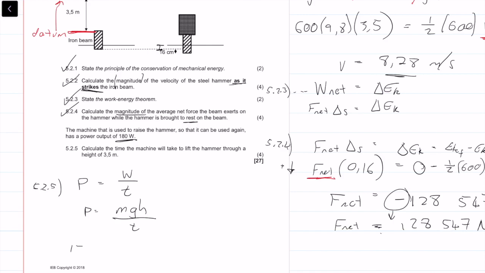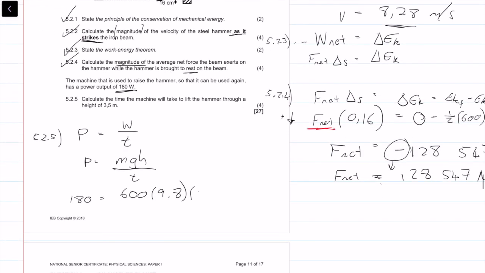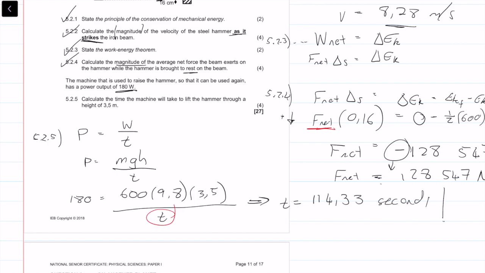Okay, so we know the power is 180 is equal to the mass of 600, 9.8 times the height of, we want to lift it 3.5 meters, all over the time. Okay, the only unknown here is time, so solving this equation we get t is equal to 114.33 seconds. Okay, and that is our final answer, and we get 4 marks for that.